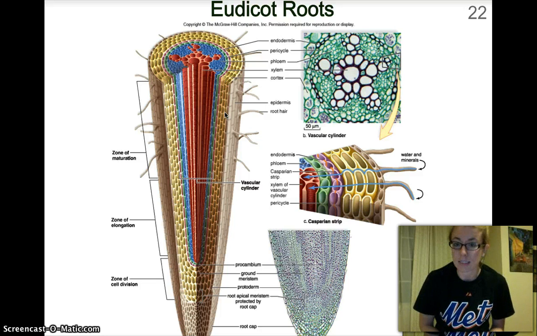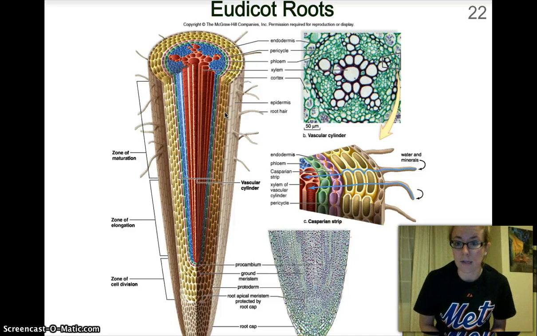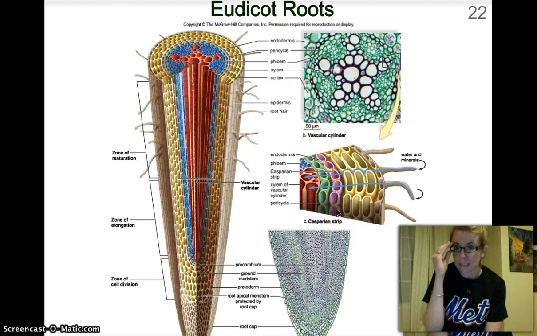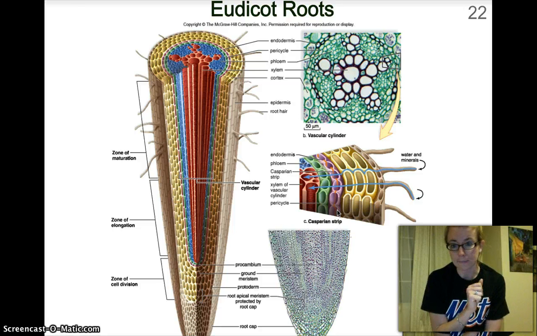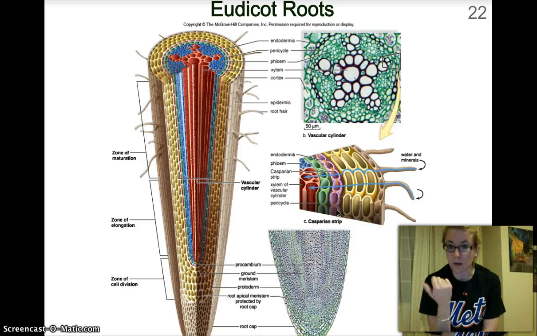And your textbook says there's a layer of impermeable lignin and suberin. Suberin is waxy and lignin is very tough, and these chemicals form the Casparian strip. The Casparian strip is right here, and it goes all the way around. Basically what it does is it does not allow anything through between cells, so it prevents passage of water and anything else.